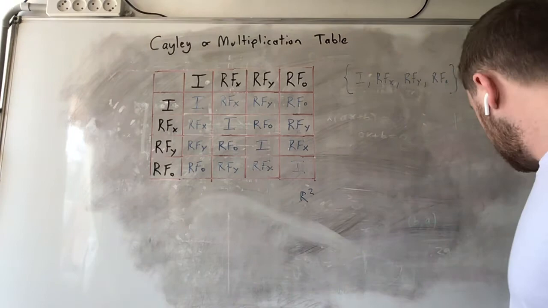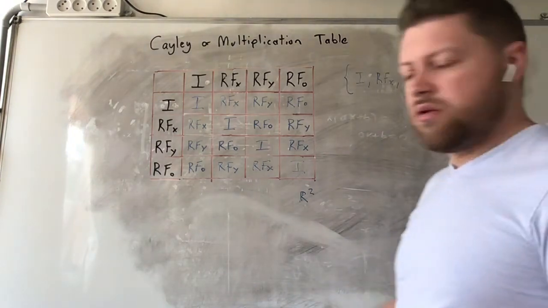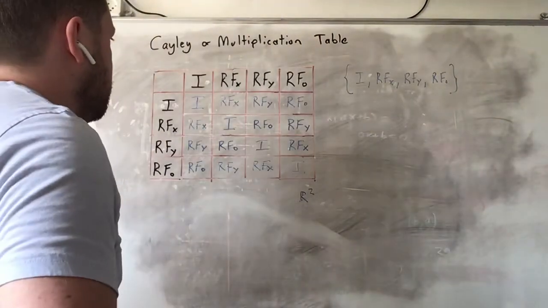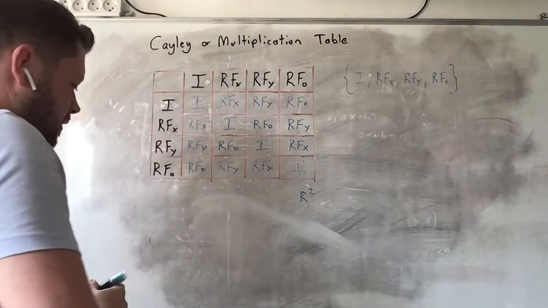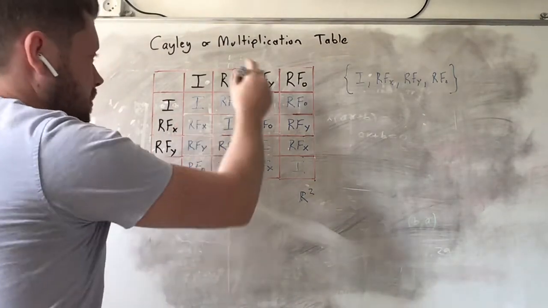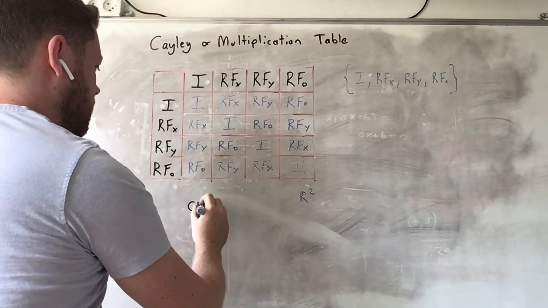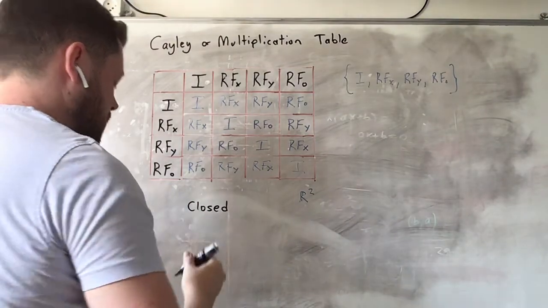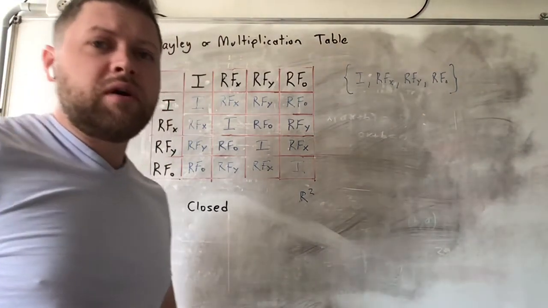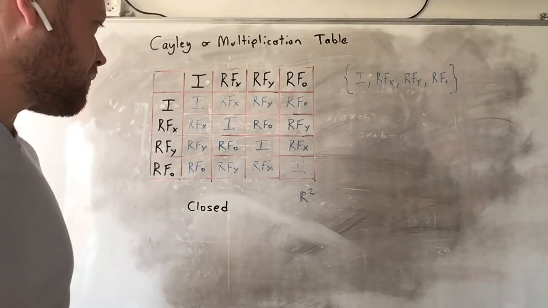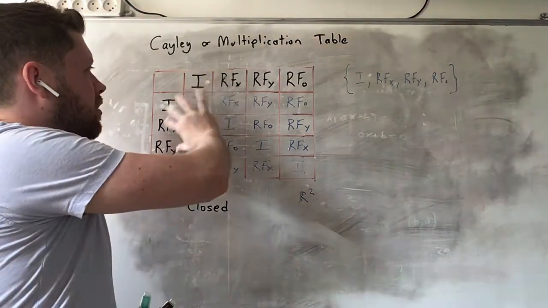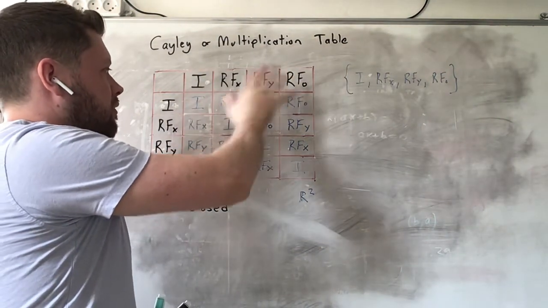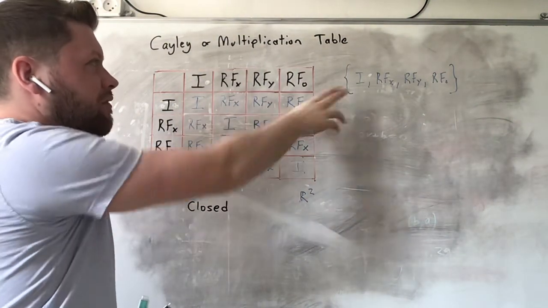Okay. One other thing you might notice is that this multiplication table is closed. What do I mean by closed? Well, closed means that at no point when I multiplied or combined these reflections, at no point did I leave this set.